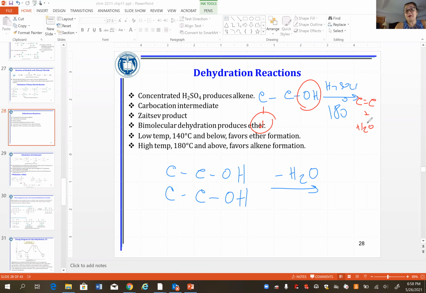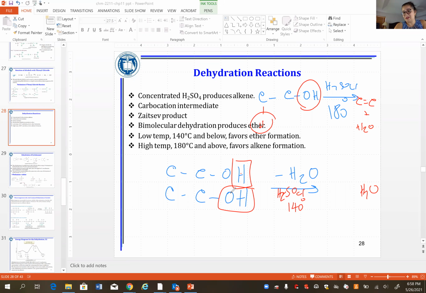When you have bimolecular dehydration, H would leave from 1, OH would leave from the other, so you get H2O as the product. You have the H2SO4, but the temperature here is 140, not 180. If the temperature is lower at 140, you get bimolecular dehydration.